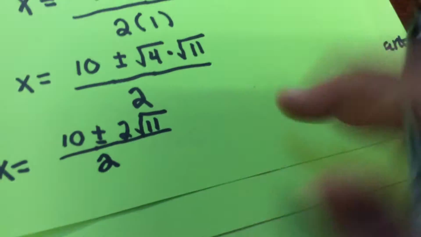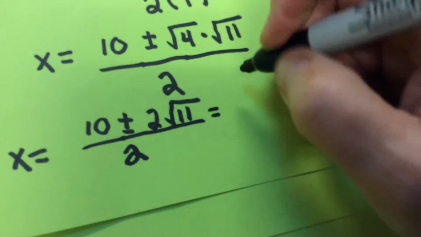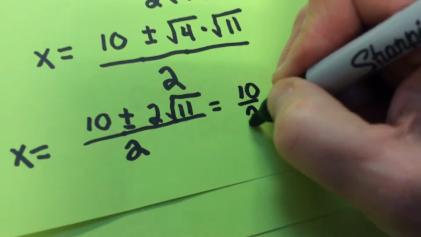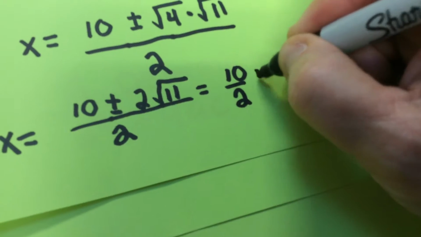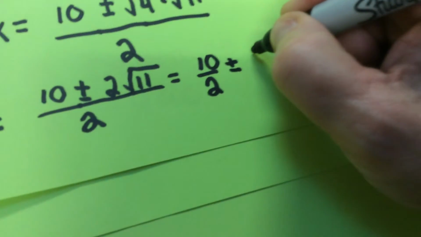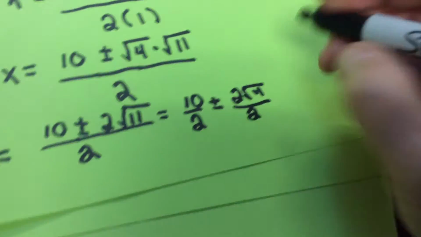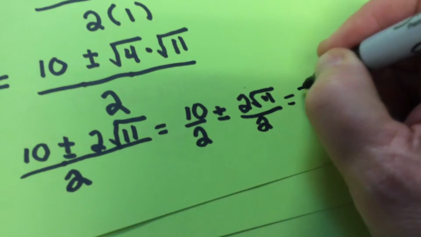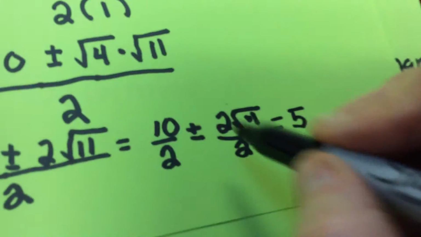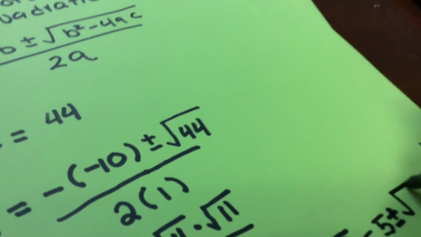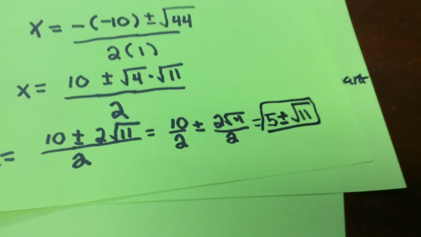So now what we're going to do is we're going to split this apart, and we say it's 10 over 2 plus or minus 2 root 11 over 2. Now I can simplify this. This simply becomes 5, and then the 2's were reduced to 1, so it's 5 plus or minus root 11. And that is your final answer.